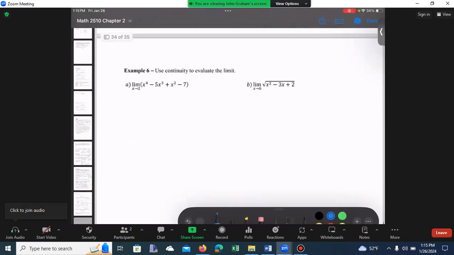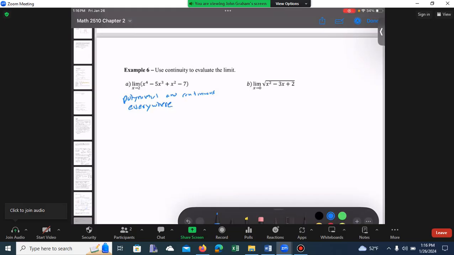So let's actually apply this. We have the limit as x goes to 2, x to the fourth minus 5x cubed plus x squared minus 7. It is a polynomial and continuous everywhere, as it is a polynomial.